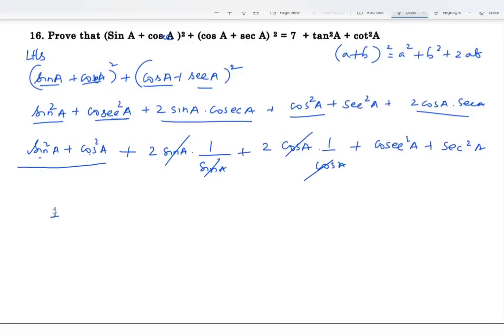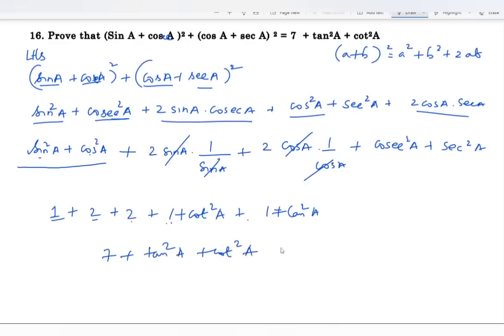Sin square A plus cos square A is 1. 1 plus 2 plus 2 plus, cosecant square A using identity is 1 plus cot square A. Secant square A is 1 plus tan square A. Now add all the constants. 1 plus 2 is 3, 3 plus 2 is 5, 5 plus 1 is 6, 6 plus 1 is 7, 7 plus tan square A plus cot square A, which is equal to RHS.